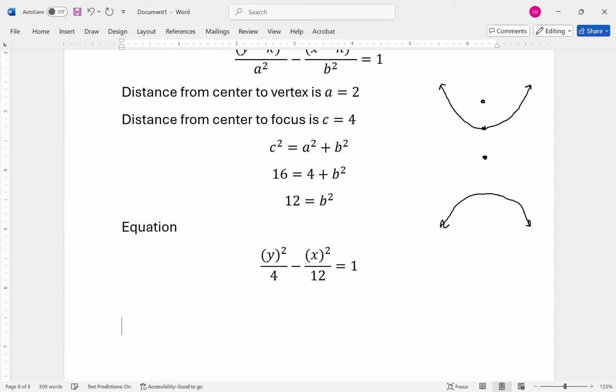By the way, just as a note, if you calculate the eccentricity on this one, c over a, it's 2, right? 4 divided by 2 is 2. I'll write that down. So eccentricity doesn't always have to be just a little bit over 1. It can be actually pretty large values in certain circumstances.